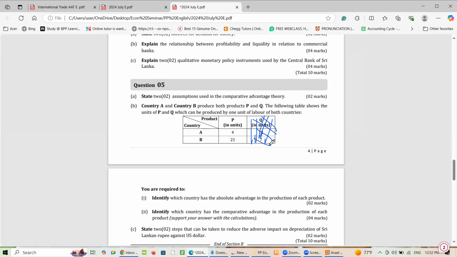Country B. Why? Country B produces 21 units, but country A produces only 4 units. Then country B produces more output than country A. So just take down, country B has absolute advantage in the production of P.